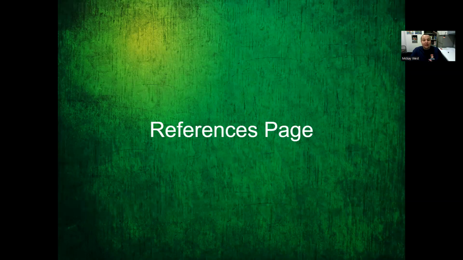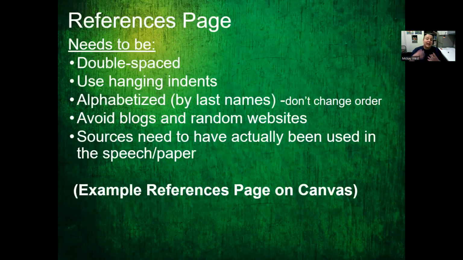References, on the other hand: a reference page comes at the end of your paper, at the end of your speech. And the idea here is that you provide one single time all of the information about a source or a reference to help somebody find where they would go to get that source if they wanted to read it themselves.